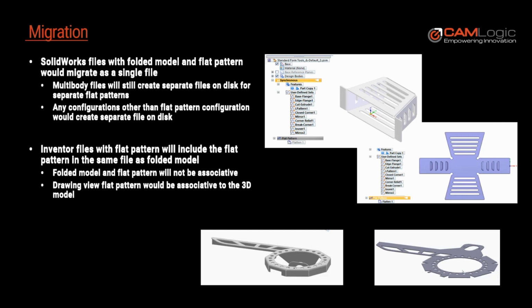But if you ever made any drawings of the flat patterns in a 2D environment, that would still be associated. So it's a helpful change if you do use either or get either of these 2 data types and work with sheet metal a lot.